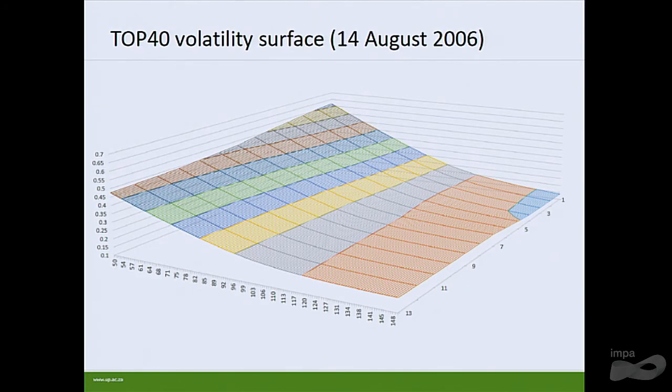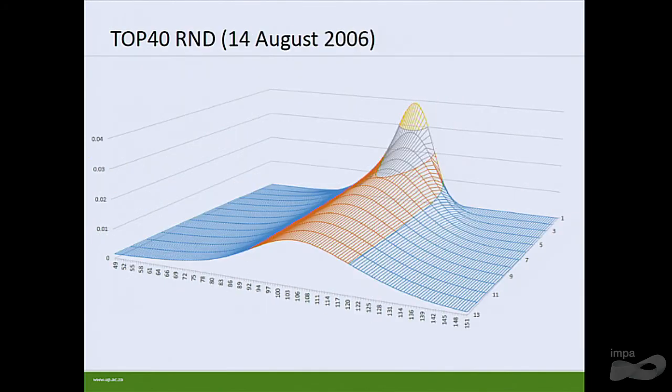So first, an arbitrary example, 14th of August. Here is the Top 40 volatility surface. Nothing special about the date. I'll get to how we've constructed that in a second when we talk about the dollar rand. From the Top 40 volatility surface, we construct the risk-neutral distribution. Nothing funny about this. This is Breeden-Litzenberger.